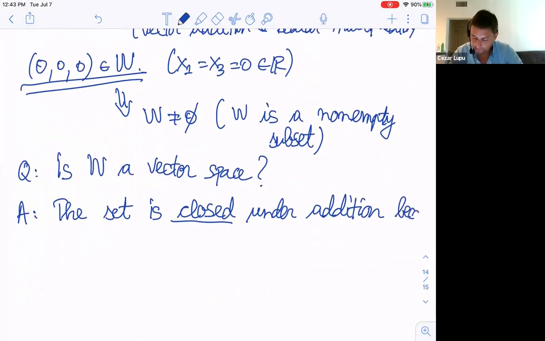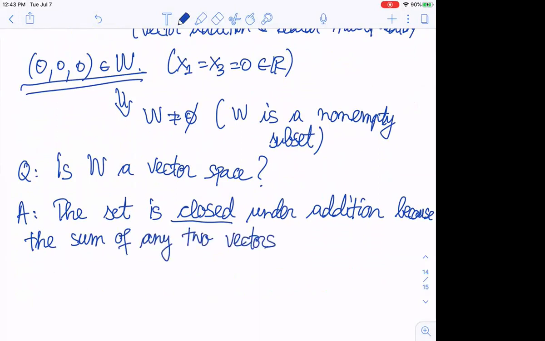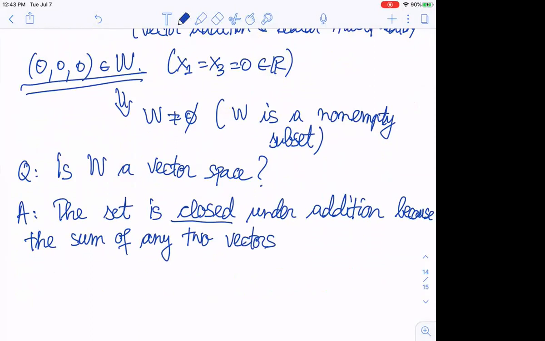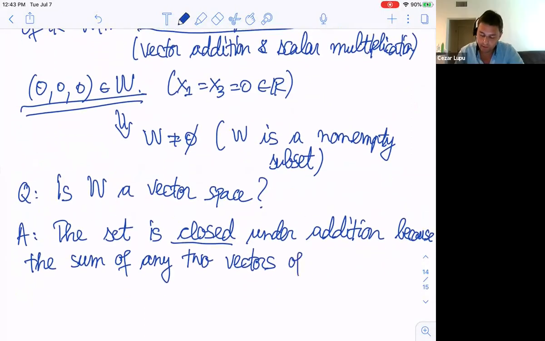Because the sum of any two vectors of the form.